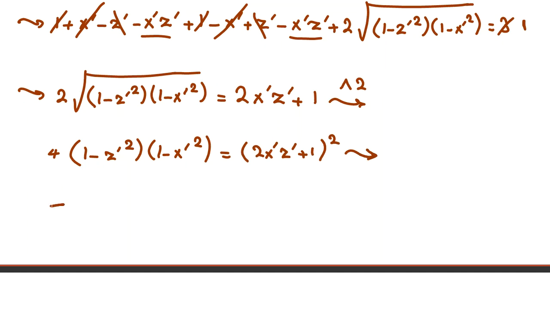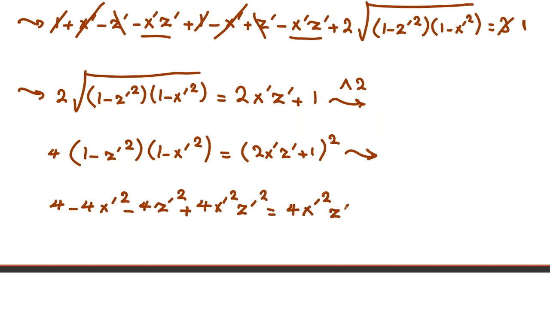So we can simplify. It will be 4 minus 4x prime squared minus 4z prime squared plus 4x prime squared z prime squared equal to this part. First one squared, 4x prime squared z prime squared, plus 1 plus 4x prime z prime.